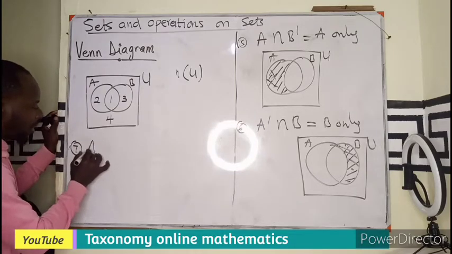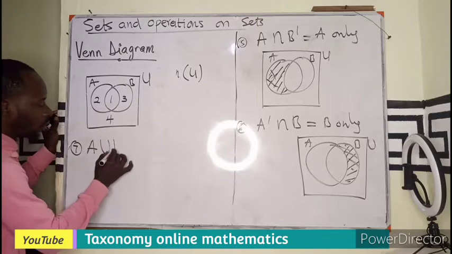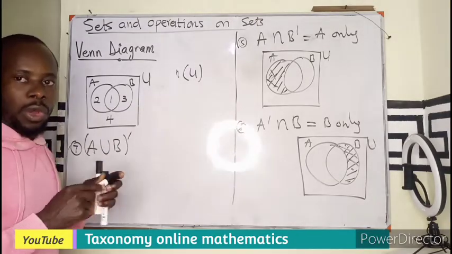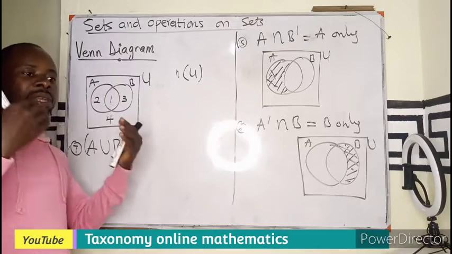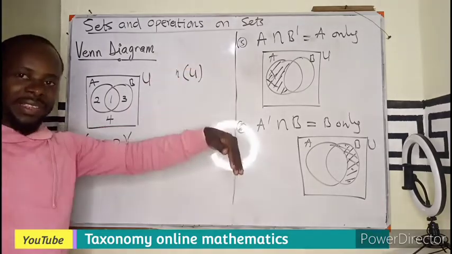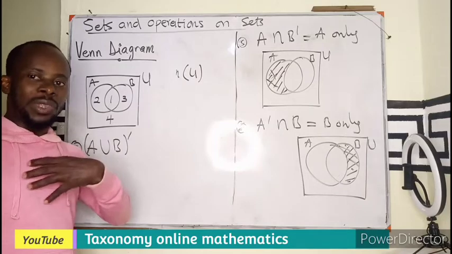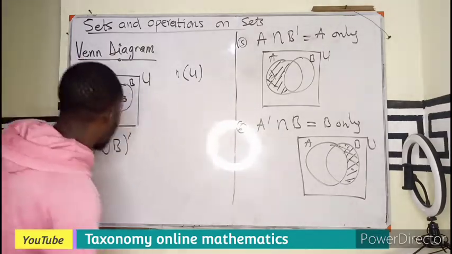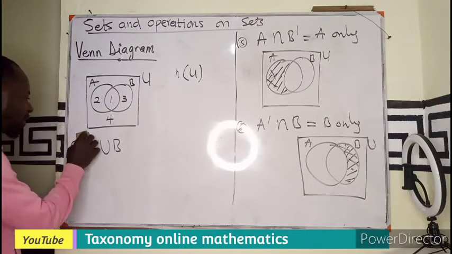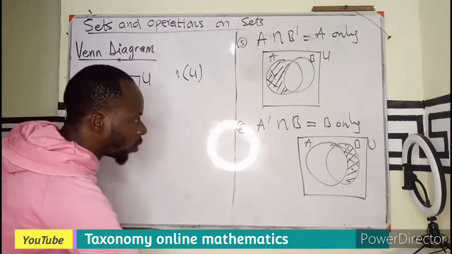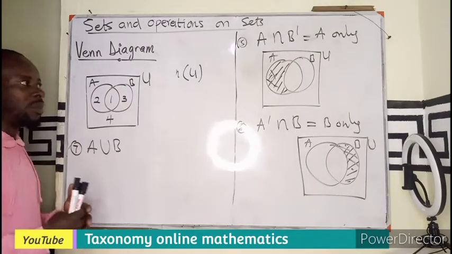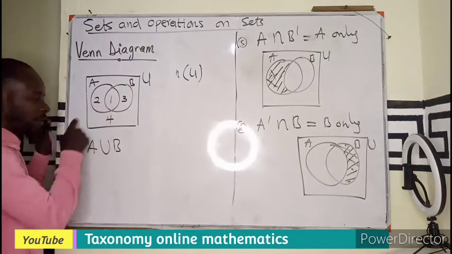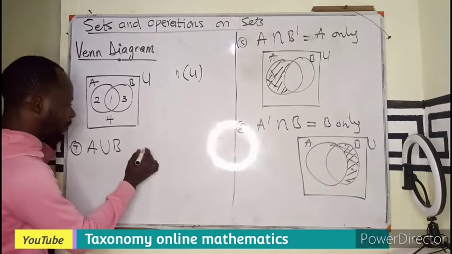We have A union B complement. We know the complement of a set is the elements in the universal set that are not in that particular set. So in this case, let's take the A union B first. Putting A and B together, I believe it will involve regions 1, 2, 3.